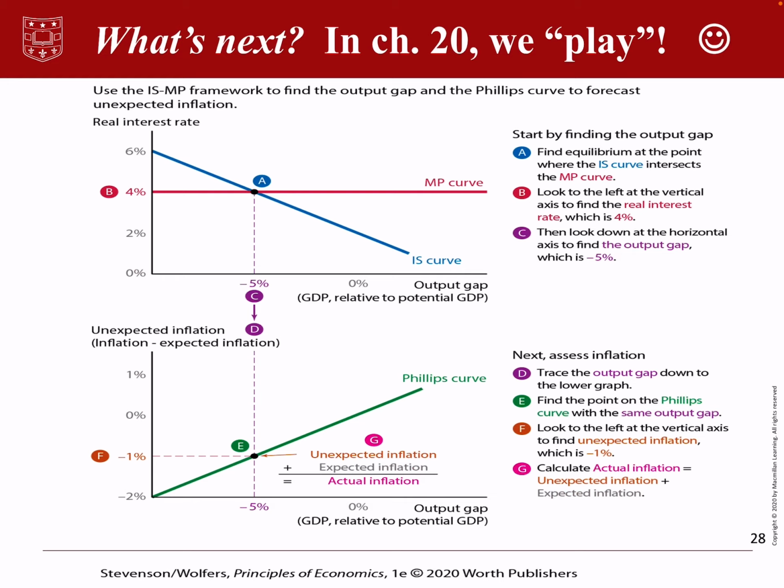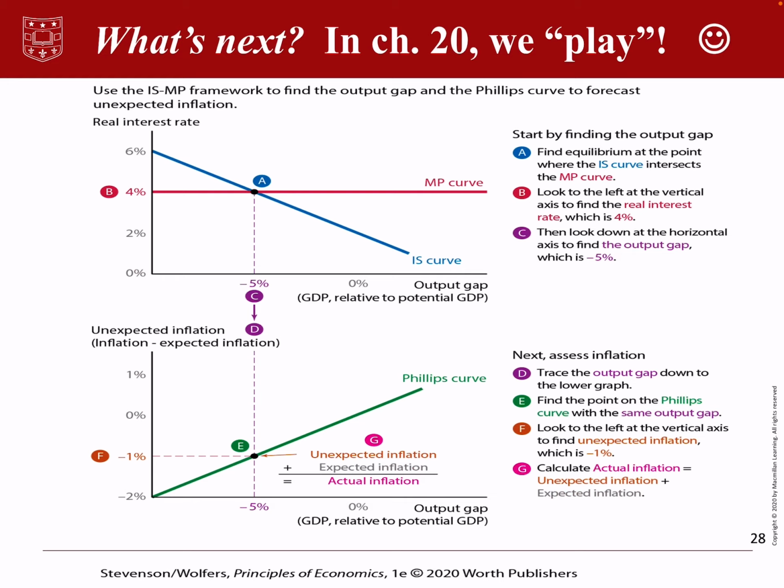So what's next? I'm super pumped. In chapter 20, we just get to play. So we just put these things together, the IS-MP framework and the Phillips curve framework, and we are in a position then to describe the movements of the macroeconomy over the business cycle, interpret how monetary policy and fiscal policy affect interest rates, the output gap, and inflation, and then to also use this as a way of deducing what's happening.